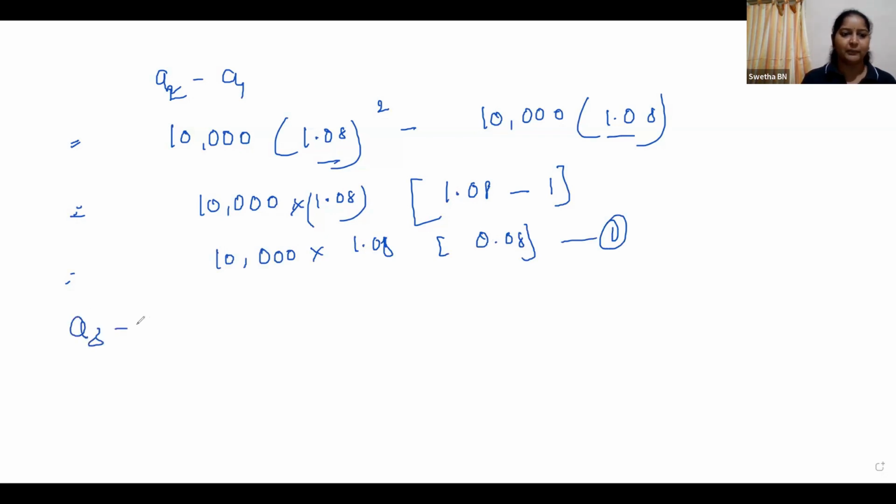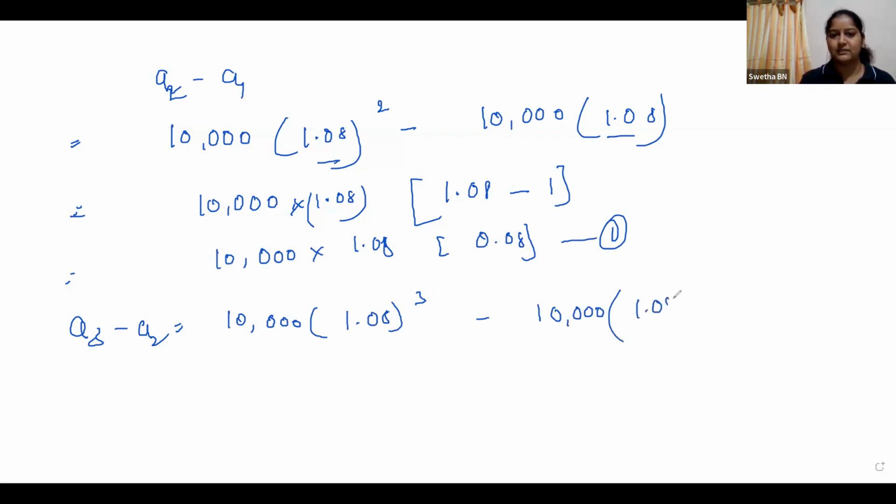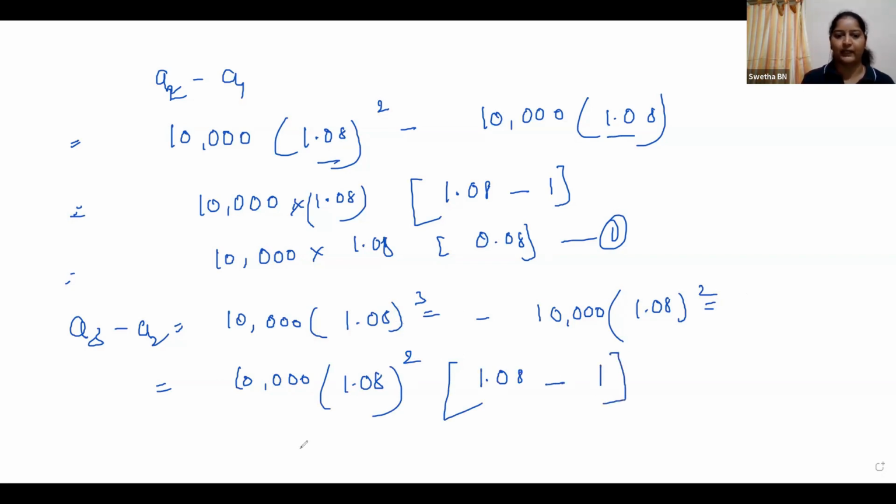Now let us do A3 minus A2. 10,000 into 1.08 whole cube minus 10,000 into 1.08 whole square. So what is common here? 10,000 is common, and 1.08 here we have 3 and 2, so take 1.08 whole square as common factor. So what is remaining here? 1.08 minus, nothing is remaining here, so write 1.